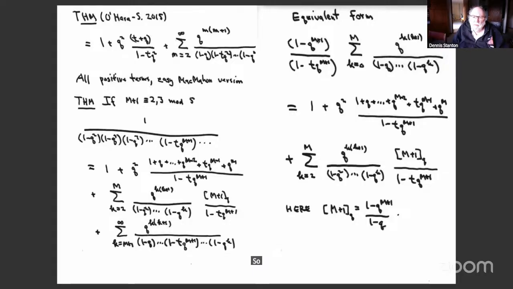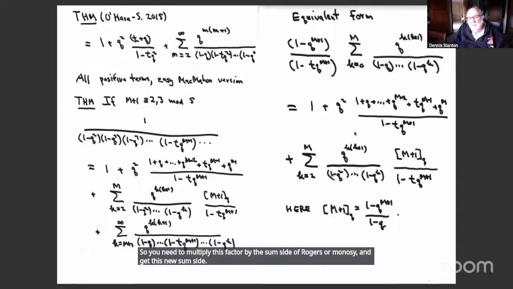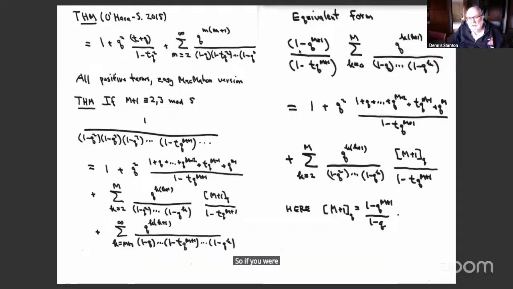So you need to multiply this factor by the sum side of Rogers-Ramanujan and get this new sum side. So if you were to divide both sides by 1 minus q to the m plus 1, everything would be positive. They would all be positive. And so to prove this theorem is equivalent to proving this rational function identity.